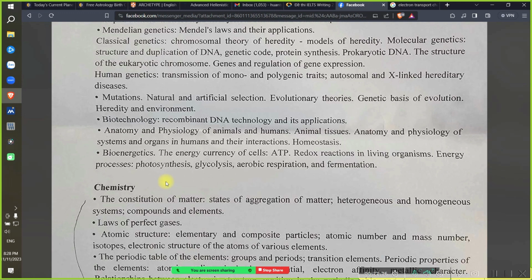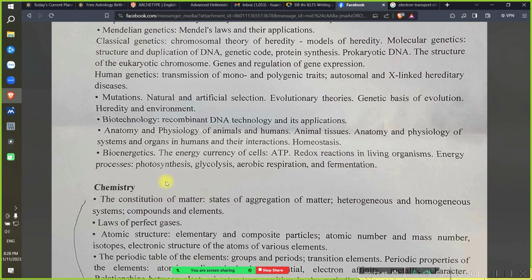So each stage occurs in different places. For example, glycolysis occurs in the cytosol.